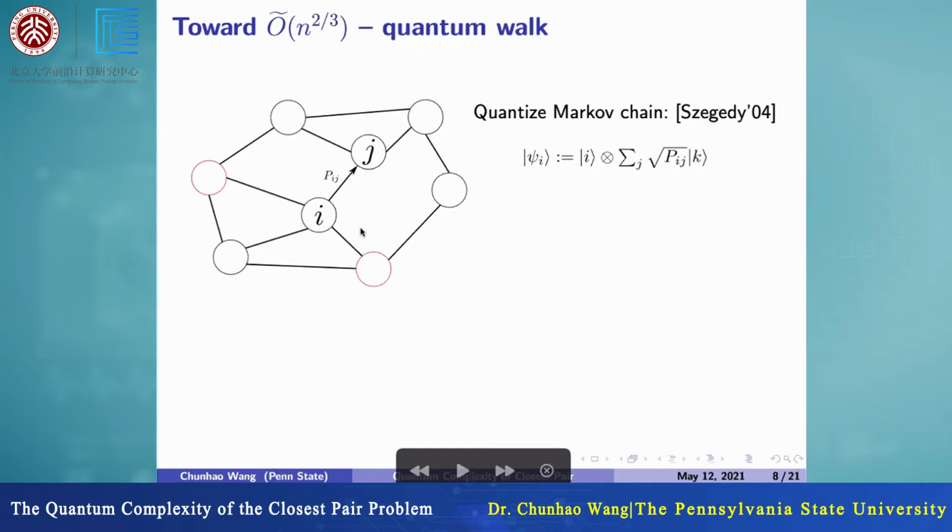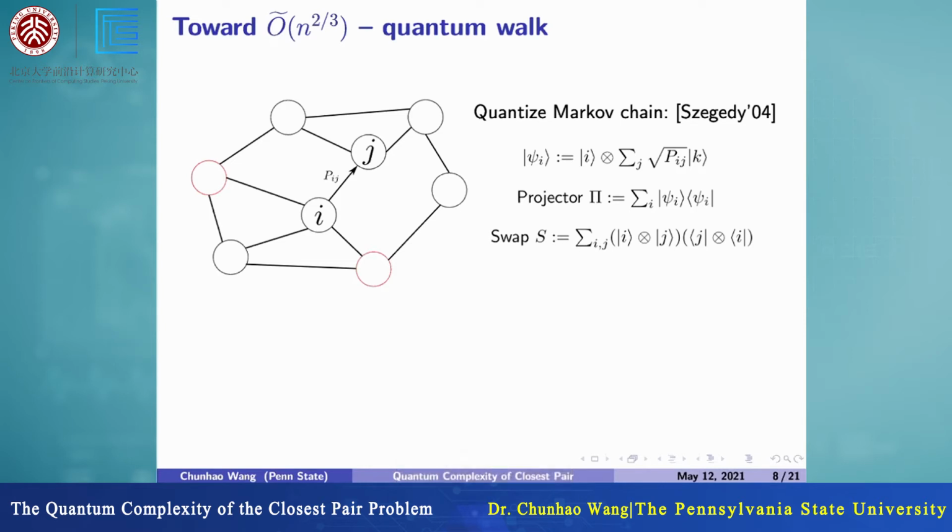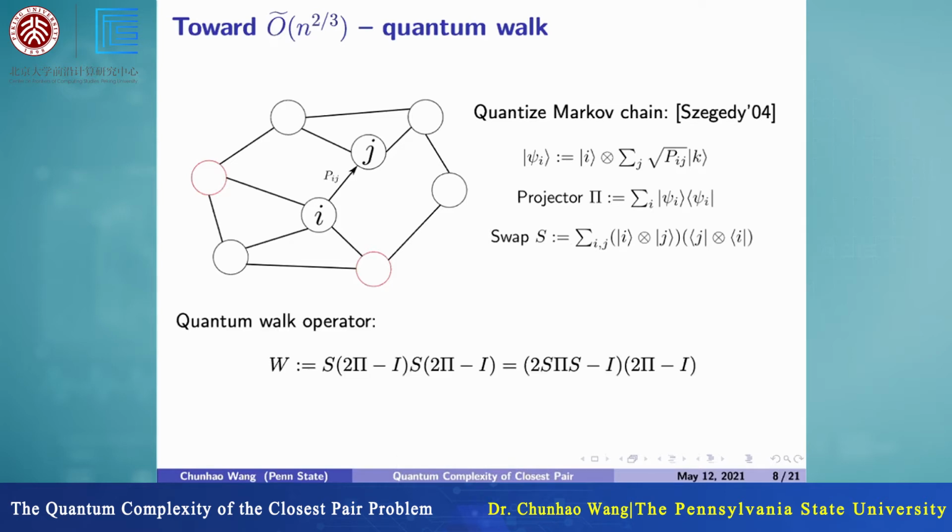The first register contains i itself. The second register contains a superposition of all the neighbors. Then we can define this projector like this. We also have the swap operator that will swap the first register and the second register. Then the quantum walk operator is like this.